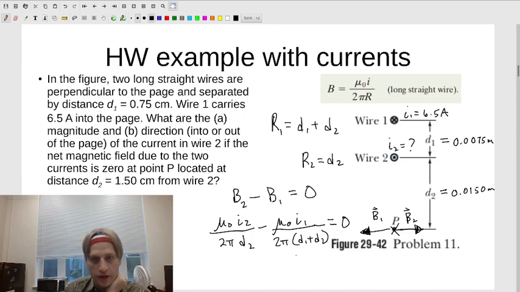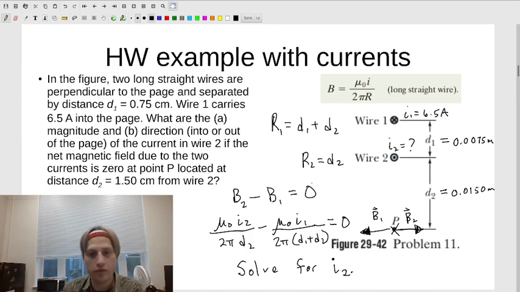All right, now you would go ahead and solve for I2.